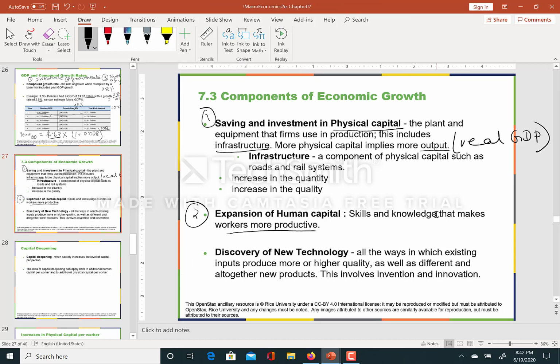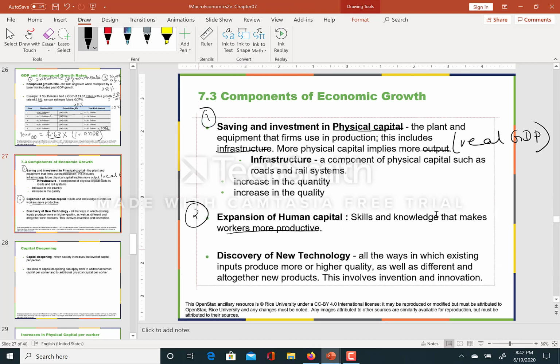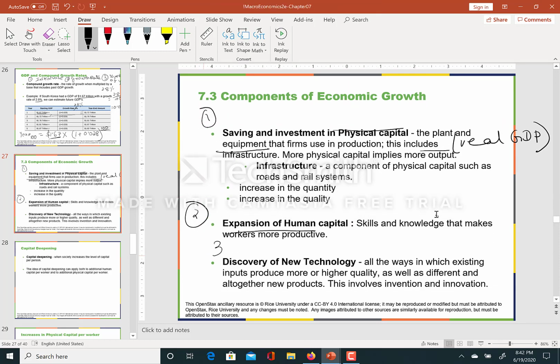This will make the workers productive. Number 3, we have discovery of new technology. Herein comes the concepts of invention and innovation. All these 3 added up or taken individually leads to economic growth.